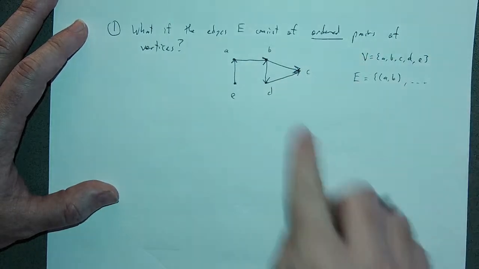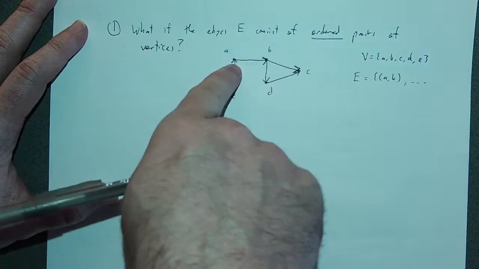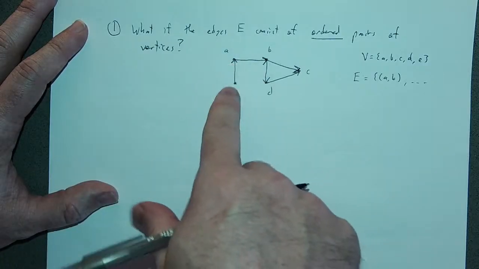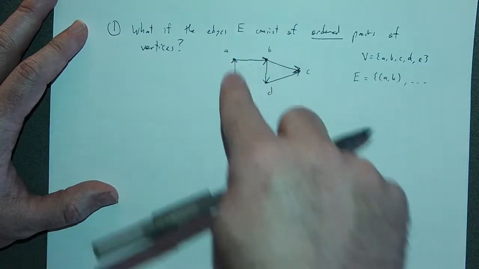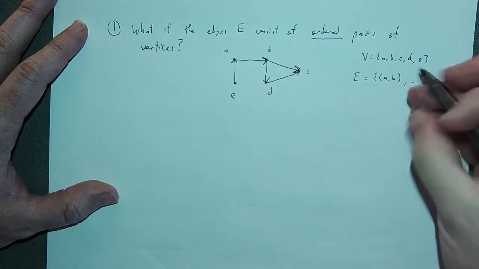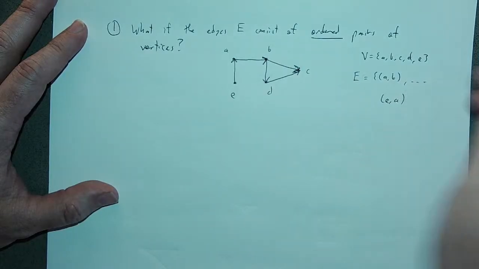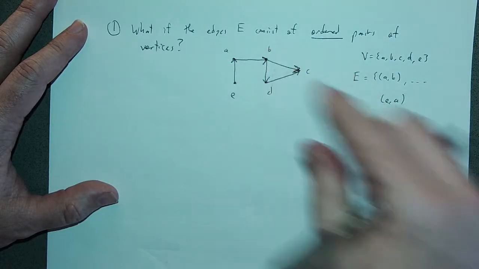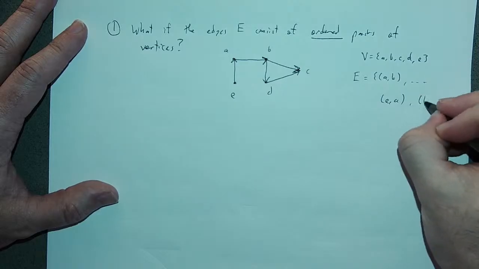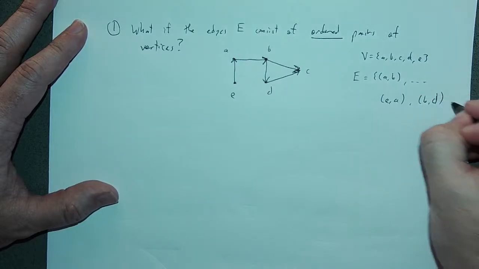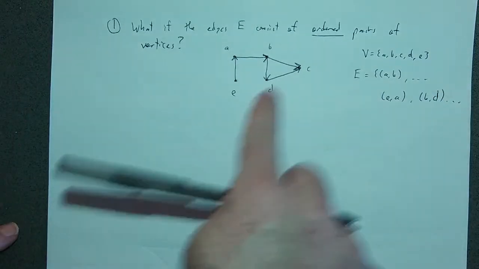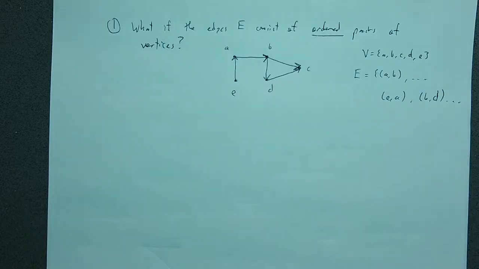Right. So these arrows are each indicating that, so here, for instance, it indicates that the edge here is the edge EA, because it's going from E to A. And the edge here is BD. And so on.